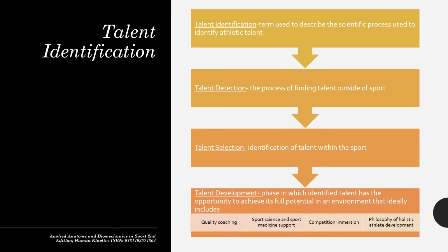This is when we have identified the talent, and now we're going to give that individual the opportunity to achieve their full potential in an environment that is going to ideally include high quality, well-educated coaching, support from sports science professionals and sport medicine professionals, the ability to be immersed in quality and productive competition, things that challenge individuals' skills without overwhelming them, and then hopefully a philosophy of holistic athletic development so that this athlete is treated as a whole person, not just somebody that's there to compete and represent whatever group they're working for.